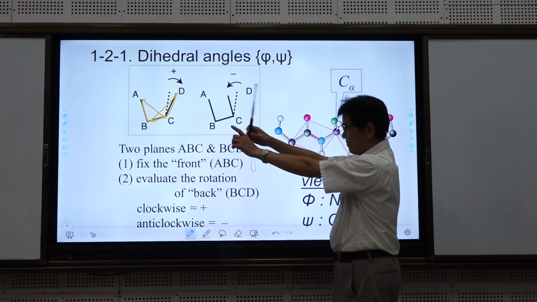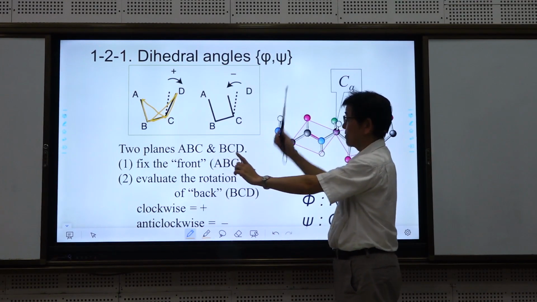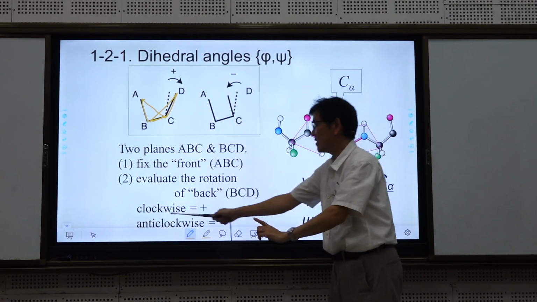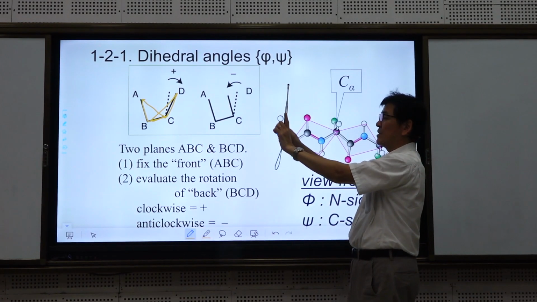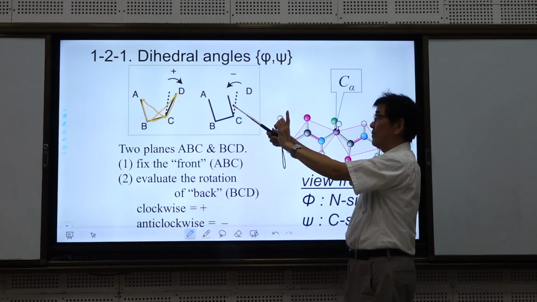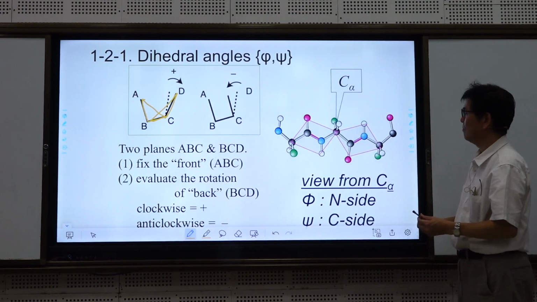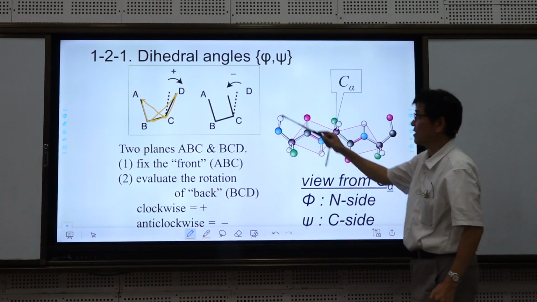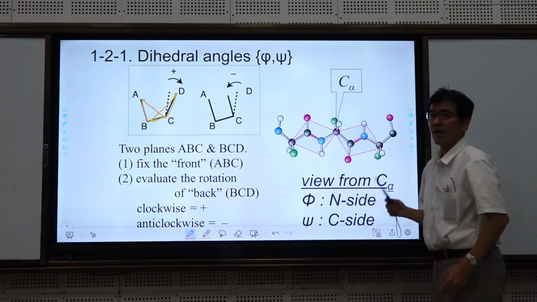If it's clockwise, it gives a positive angle. If that is counterclockwise, anti-clockwise, please give a negative sign. This is the general description of the dihedral angle.